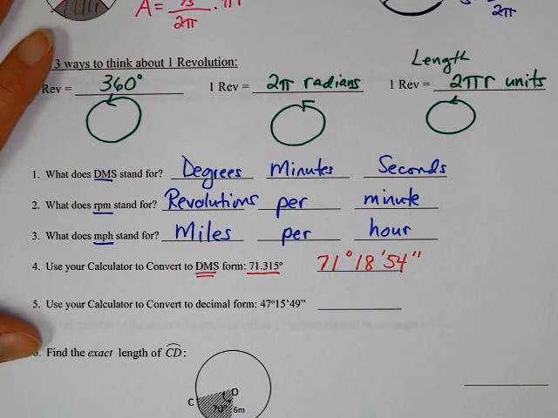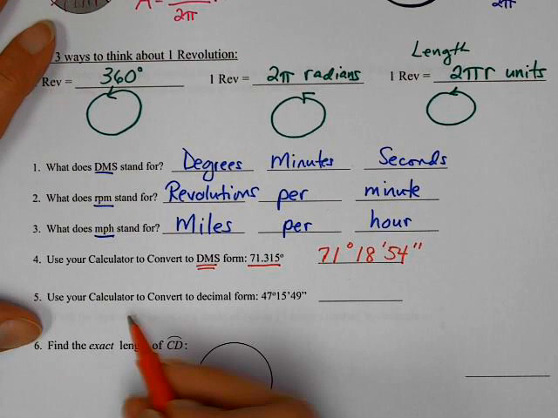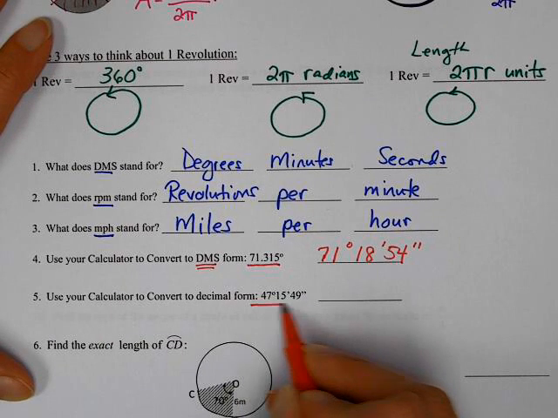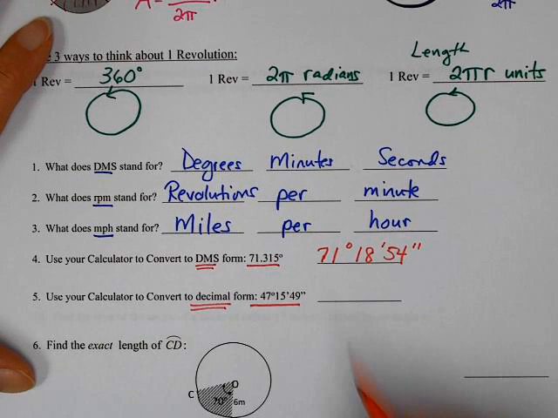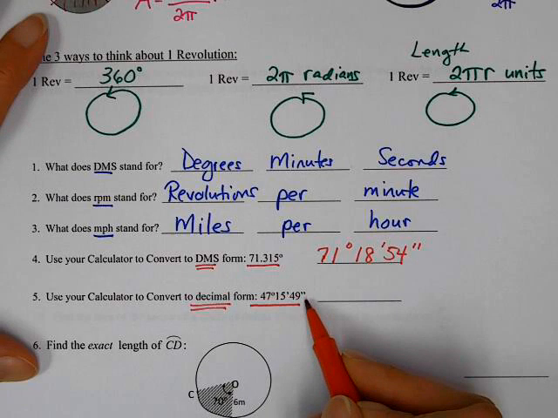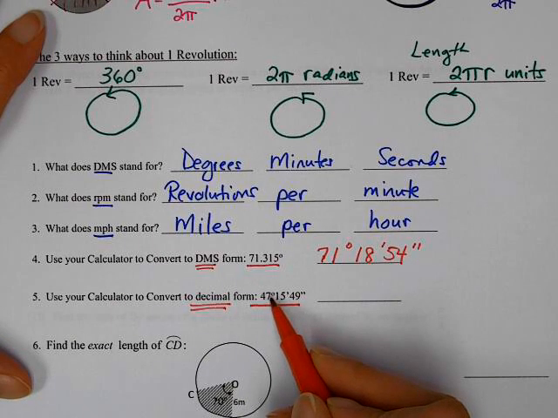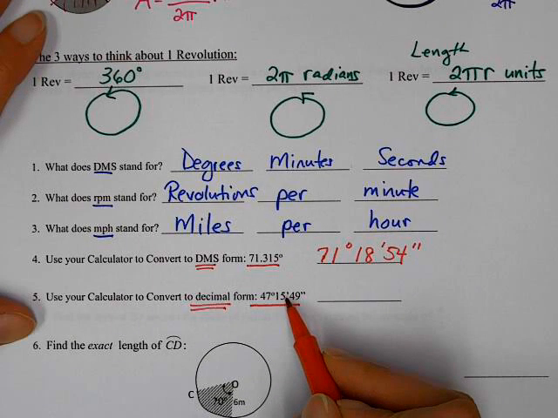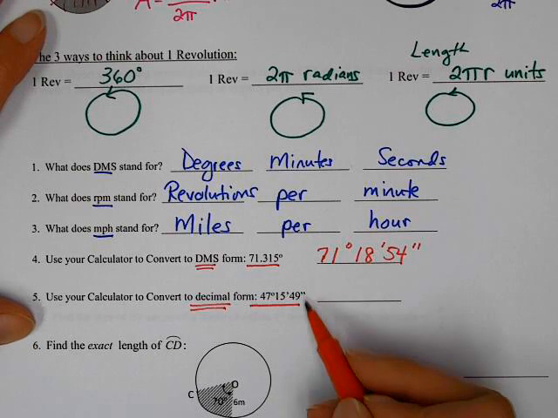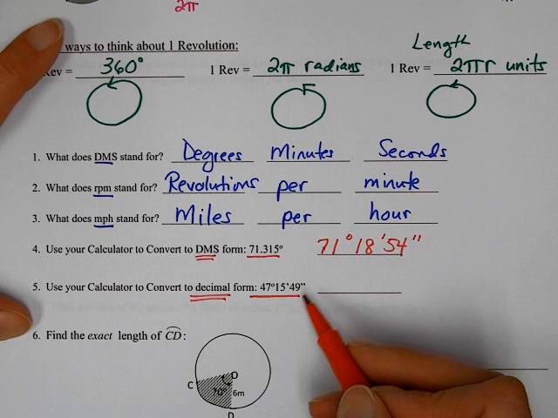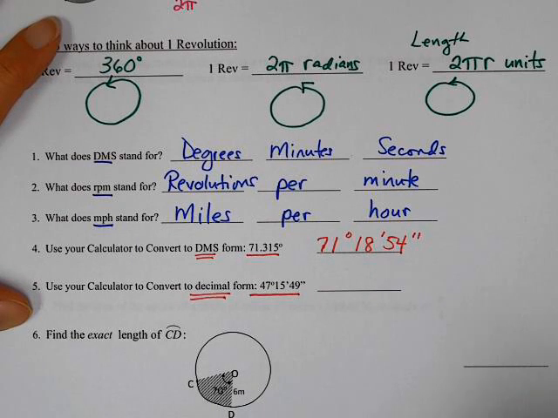Okay. As well, I want you to use your calculator to take degrees, minutes, seconds, and change it into decimals. So all you have to do is type this in exactly like you see it. Where do you find the bubble and the minutes? It's in the angles command, yes. What about seconds? That's not in the angles command, that's somewhere else. That's on the front of your calculator, right? Using the alpha button.